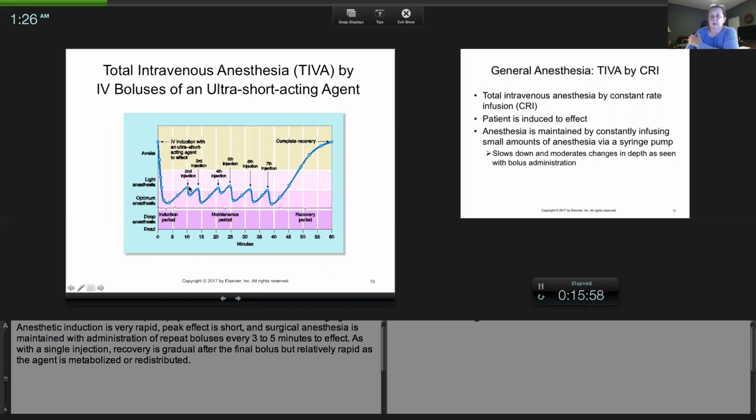Oh, they're waking up. I got to give some more. Give another shot. Oh, they're waking up. They need more. Now here is the bigger slope. You can see there was more given. And if you stop giving it, they wake up. So there is TIVA like this, just total intravenous. And I should say, these are following the 5-ish, 10-ish mark.